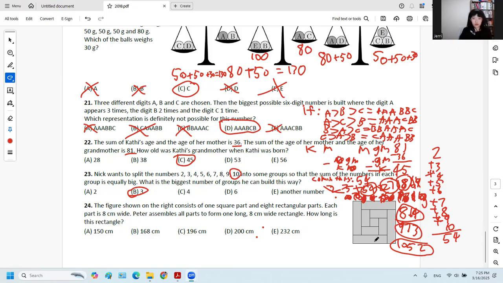So right now, this is 8. This is 8. This is 8. And this is also 8. Right now, we can line these lines up.